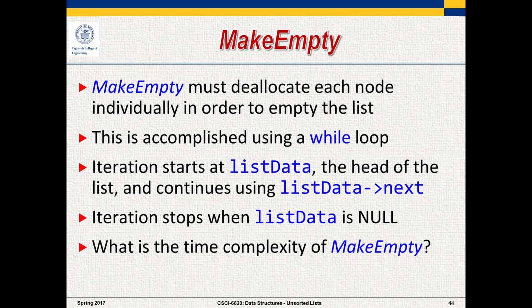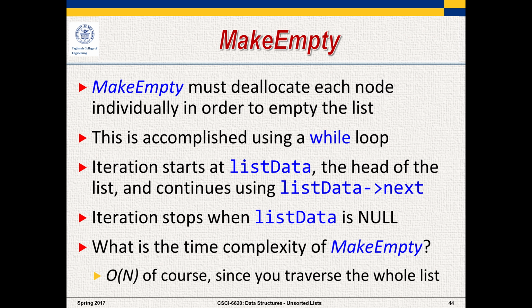And here's a question. What is the time complexity of this method, MakeEmpty, in this linked list implementation? The answer is, of course, order n. It's linear because you have to traverse the whole list.